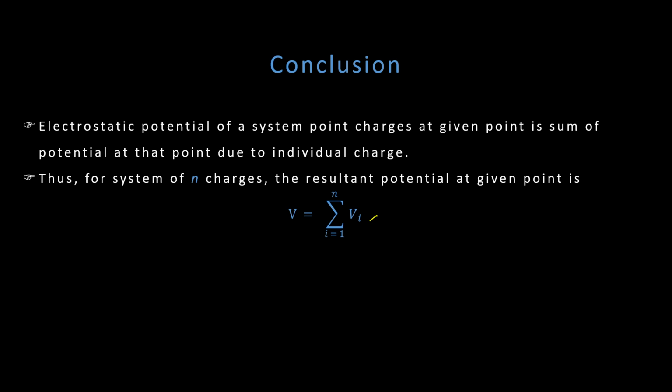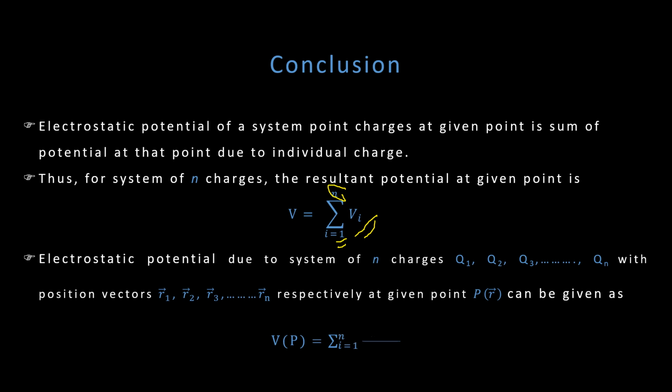What is Vi? It is the potential of the ith charge, and the summation goes from 1 to n because we have a system of n charges. This is how we can express the potential at a given point due to a system of n charges.